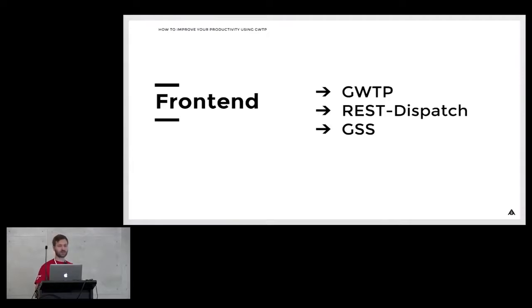So RPC dispatch was one of the first products, GWTP dispatch, that we built. It was a fork, back in the day, 5 years ago, of another product that we were using really strongly, but that product just went down in the sense that the contributor that had created it didn't contribute to it anymore, so the community just died.